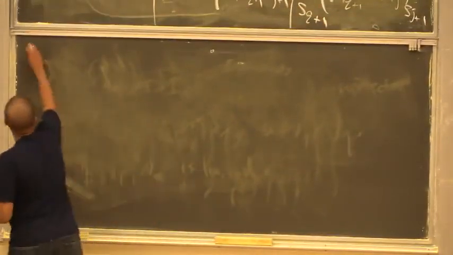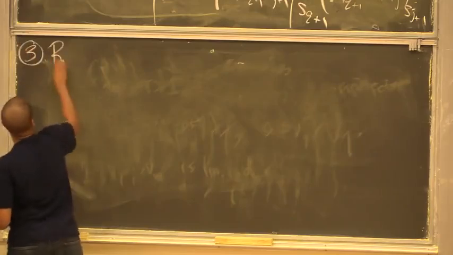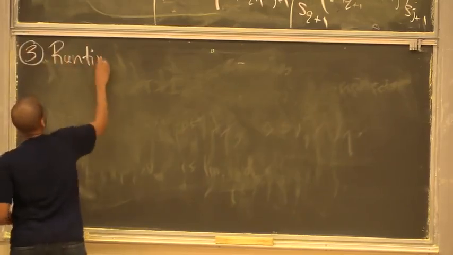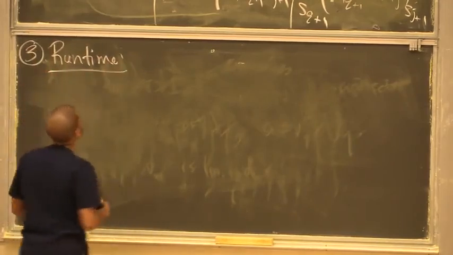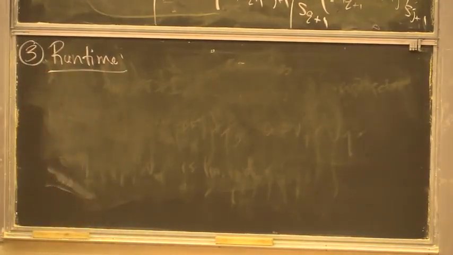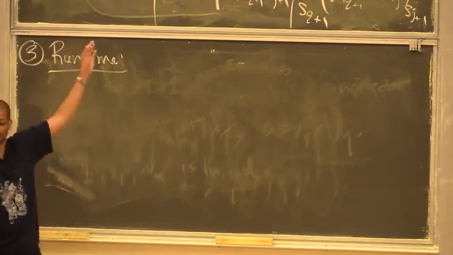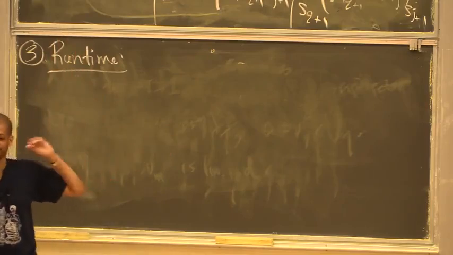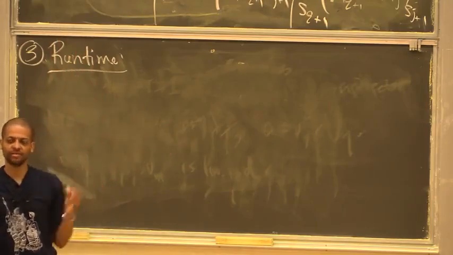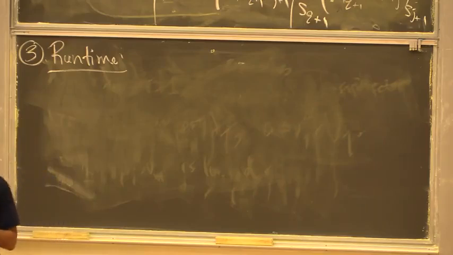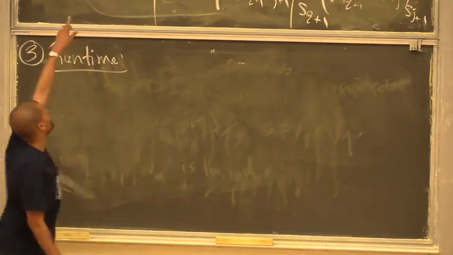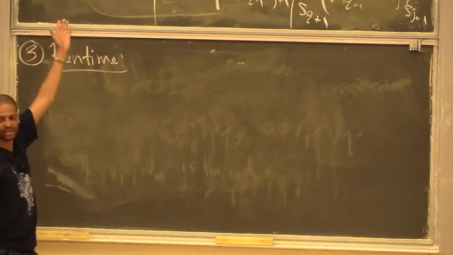So 3, runtime and memory. So runtime: how many possibilities are there for i and j? Well, we only care so much about, in this class, being right up to constant factors. i can be anything between 1 and n, j can be anything between 1 and n.